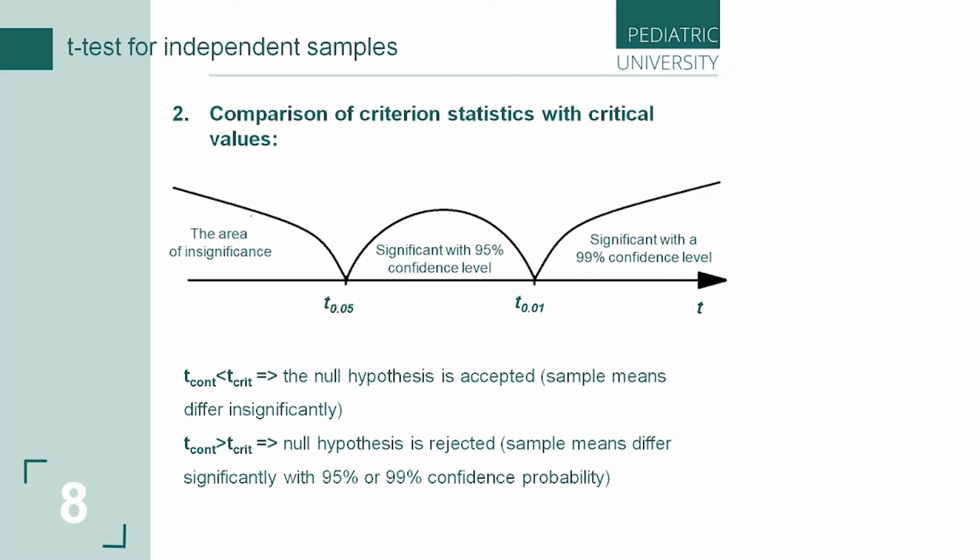But if we have a control value greater than the critical value, then we say that the sample mean values differ statistically significantly with a 95% confidence probability, if the value lies in the middle interval in the diagram, and with a 99% confidence probability if the value lies in the area on the right.